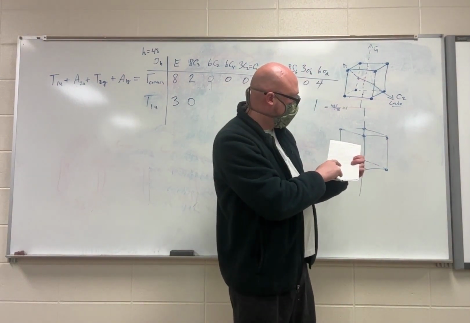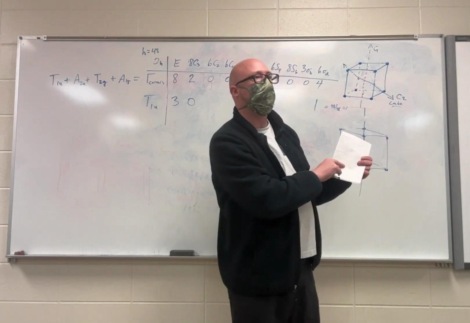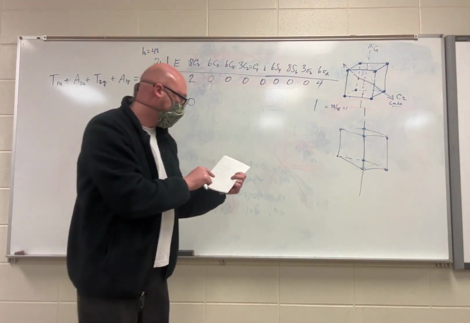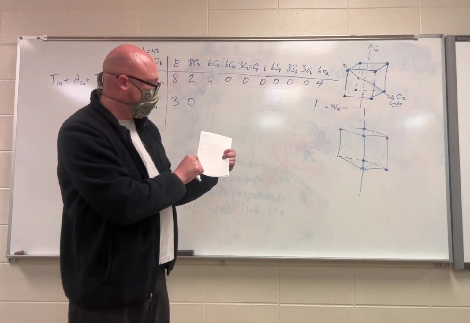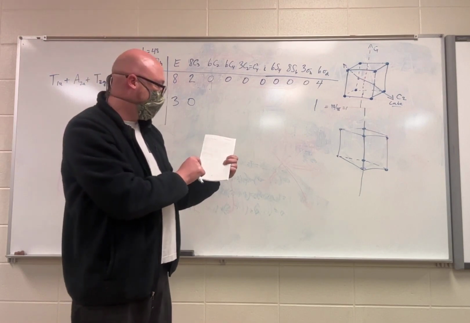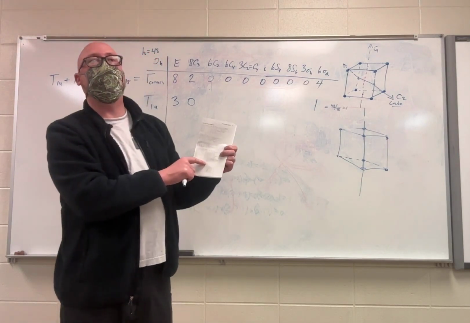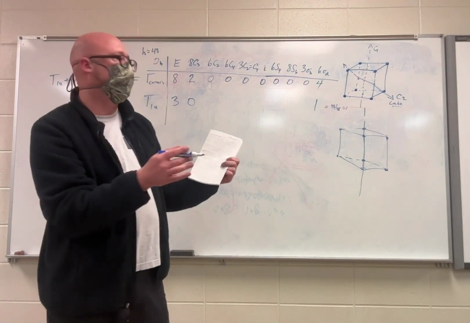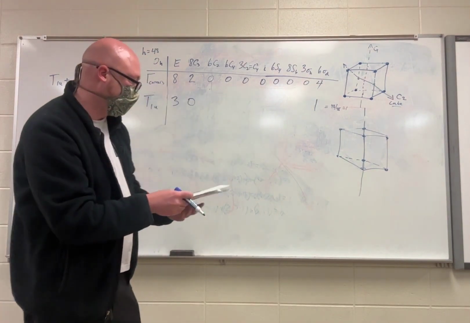And look at the character for inversion, it's positive, +1, 2, or 3, based on the dimensionality of the representation. The bottom half of that character table, you have all of the IRs that are U in symmetry, ungerade, and the character under inversion is always negative, -1, -2, or -3, depending on the dimensionality of the irreducible representation. So you can look for that in your character tables.